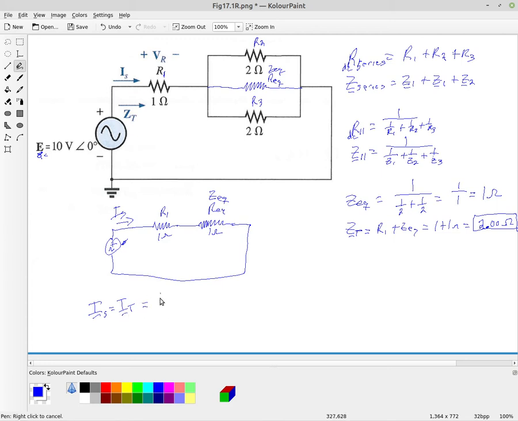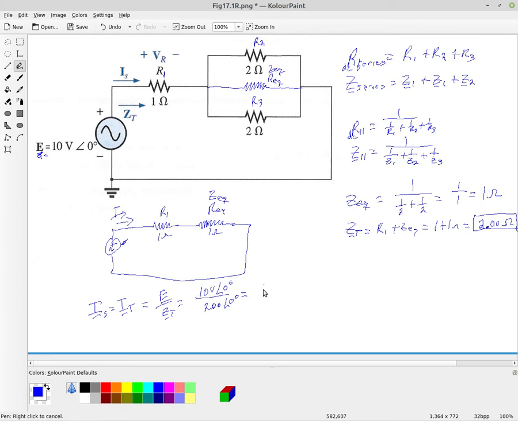That current, using Ohm's law, is E, which is now a phasor, divided by our total impedance. So that's 10 volts, angle 0 degrees, divided by a resistance of 2 ohms, which is an angle of 0 degrees because it's nothing but resistors.